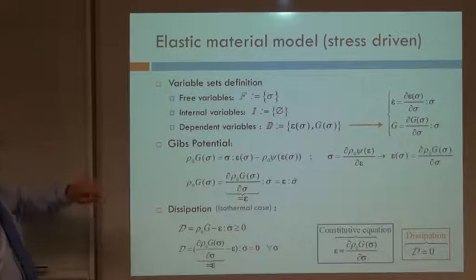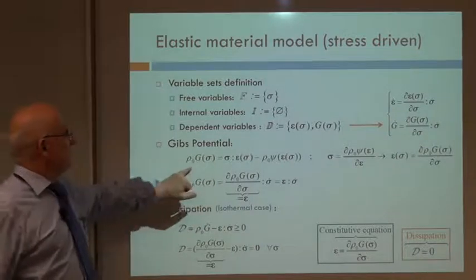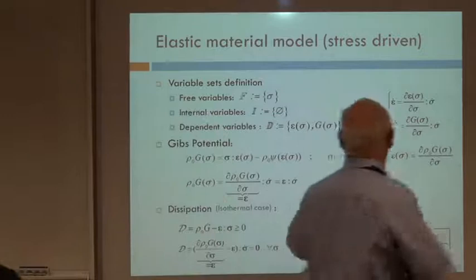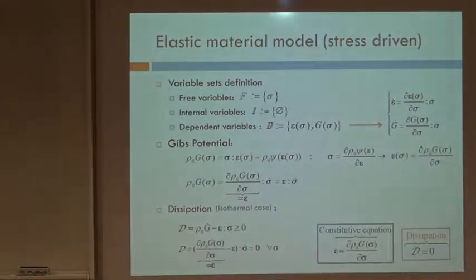Now, what happened with that function here? By construction, I can differentiate this equation, which is just the definition of G as the Legendre transform of phi.